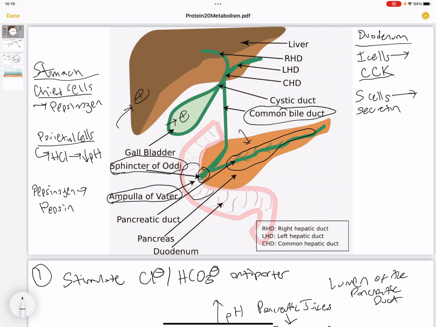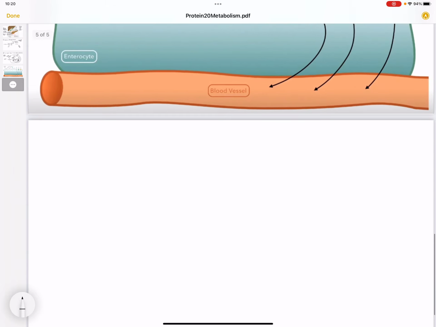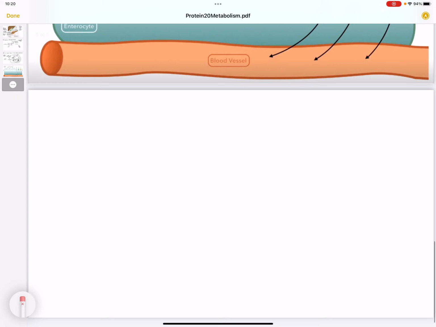And the bile is going to help us with the emulsification of fats, and the pancreatic juices are going to contain many enzymes that help with the digestion of fats, carbohydrates, as well as proteins.